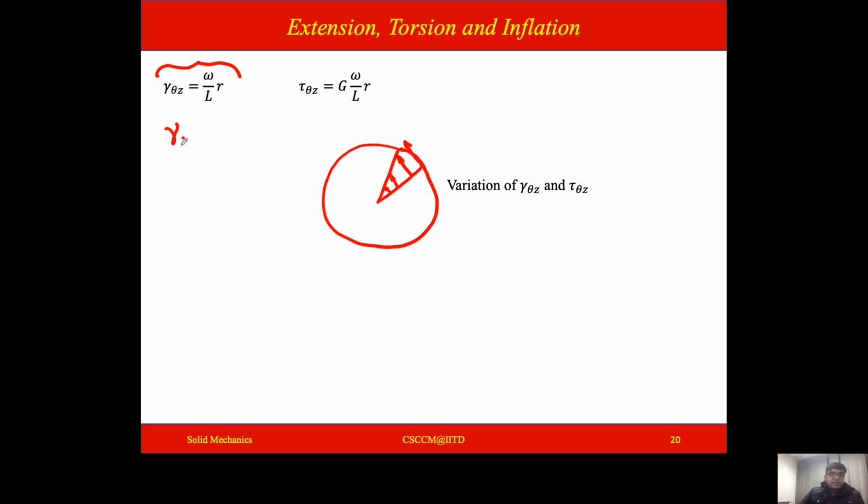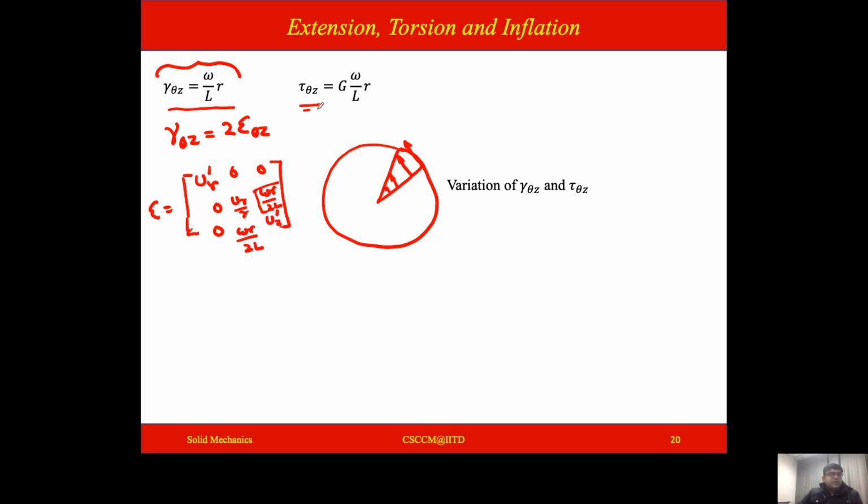This is coming from gamma theta z equal to 2 epsilon theta z, and epsilon theta z is part of this strain tensor, which we derived in the first lecture of this torsion, where this term was ur prime, this was ur by r, this was uz prime, this was 0, 0, 0, and this was omega r by 2L. So this was derived; if you go back, you can find it. So this is the term. You multiply it by 2, you get your gamma theta z.